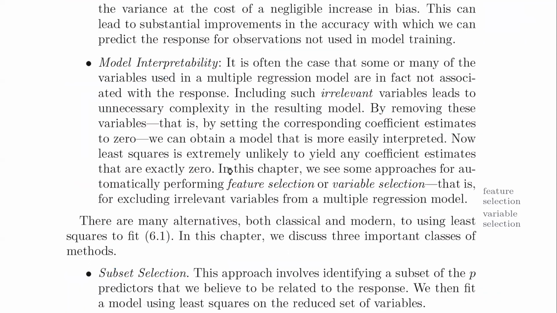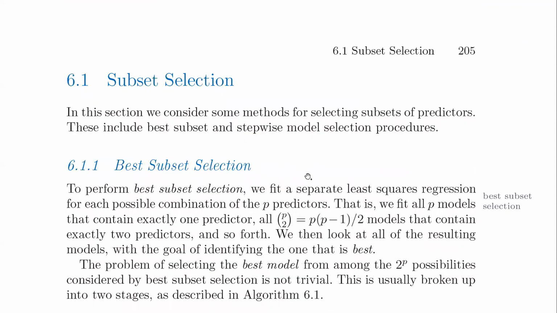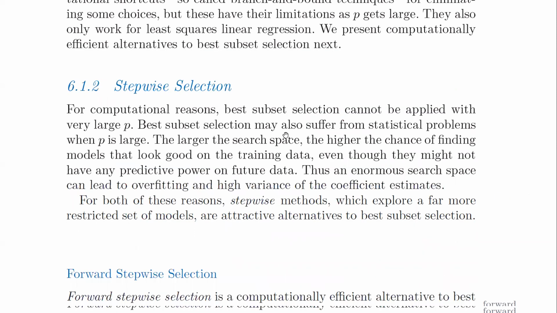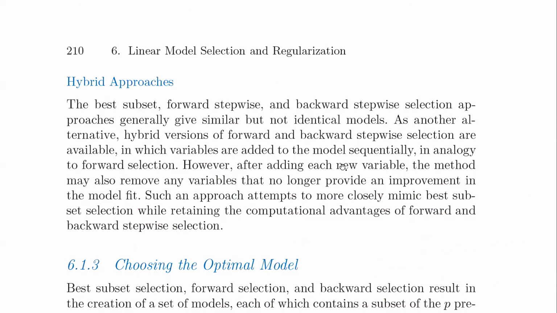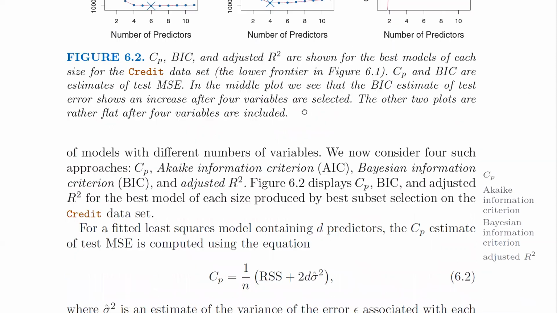We're just referring to this error term over here. Think of it as the information that we sort of miss when only including these P predictor variables. No model can ever capture the true relationship.